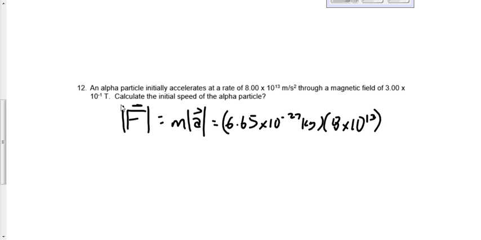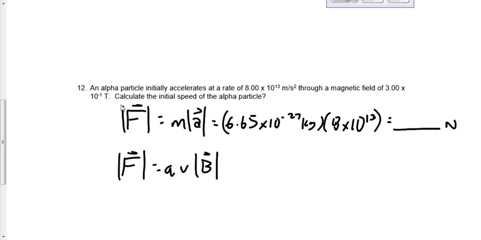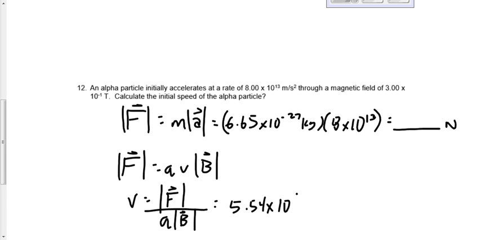I'm not sure what we get there. But then once we get that, we're going to say F is equal to QVB. And V is equal to F over QB. So we take that force that we just found divided by the charge times B, and we get 5.54 times 10 to the 6 meters per second.